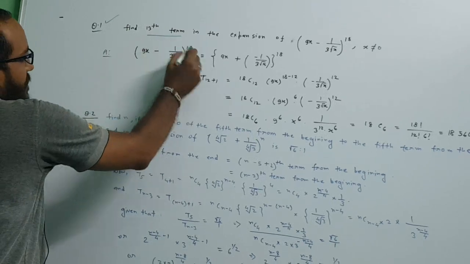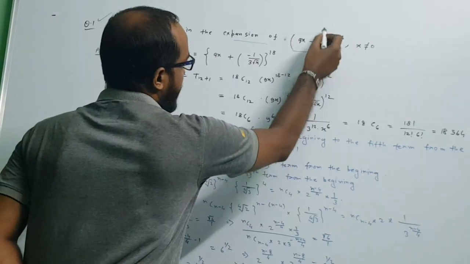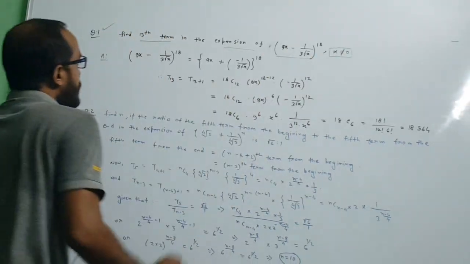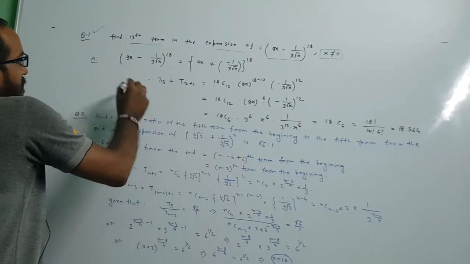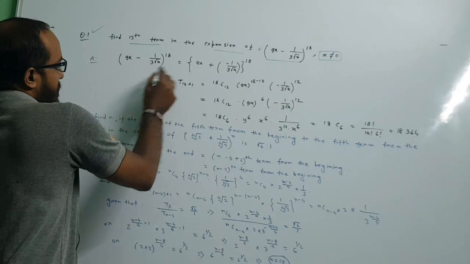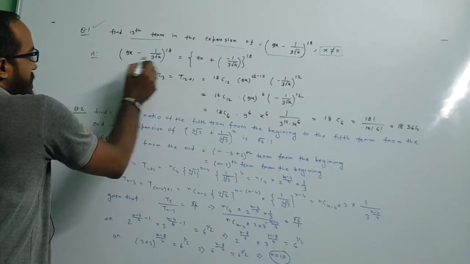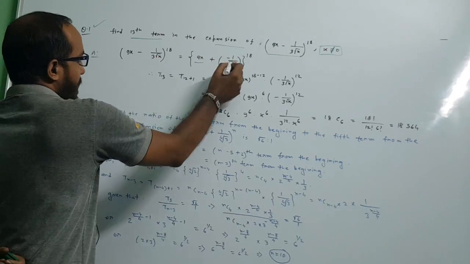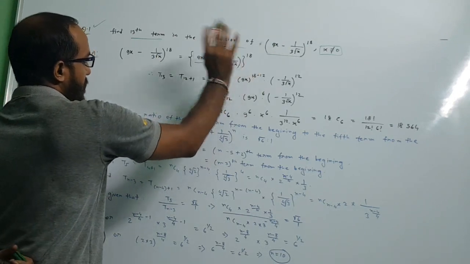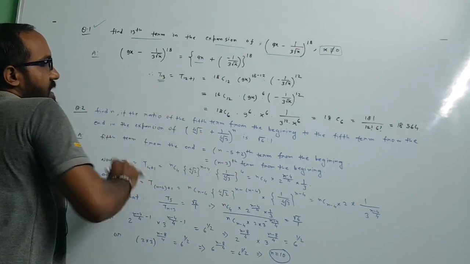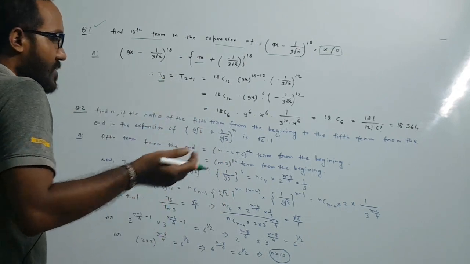Find the 13th term in the expansion of 9x minus 1 by 3 root x to the power 18, x not equal to 0. So see, first of all we have to put this in the formula x plus a whole to the power n. So this is our x and plus of minus 1 by 3 root x to the power 18. Just now we have seen the T r plus 1th term, that is our general term.